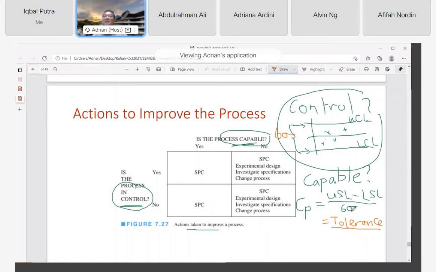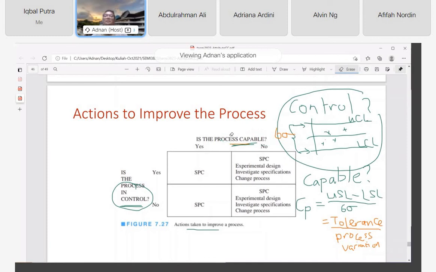Tolerance versus Six Sigma, which is this upper control limit, lower control limit. This is Six Sigma, what we call the process variation. You want to know whether the tolerance that you have picked is capable to be produced or not.